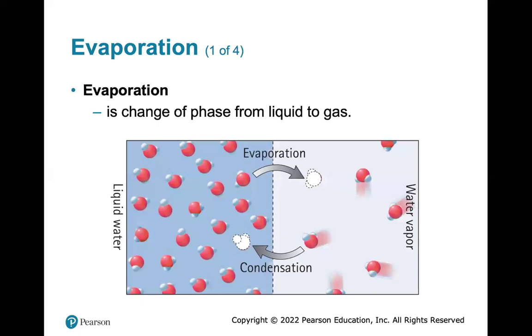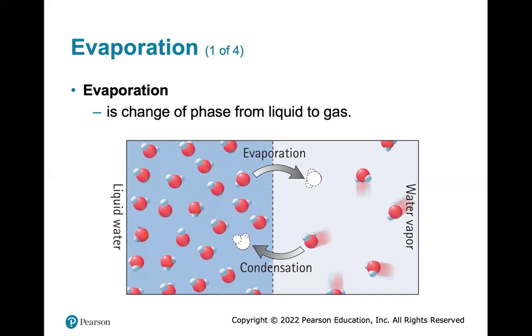Okay, evaporation is the change of phase from liquid to gas. They're showing here liquid water, water molecules, H2O. You see the two hydrogens on the oxygen. So evaporation is when energetic molecules get to the surface. It's possible for them to break away, but it's also possible for the water vapor, the little vapor molecules, to come back into the surface of the water and condense.